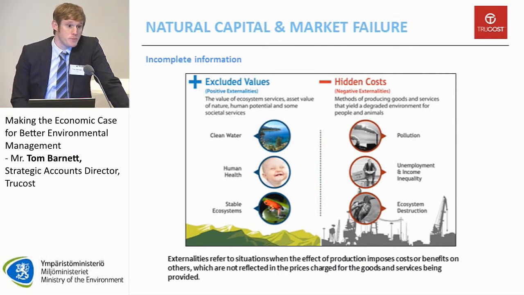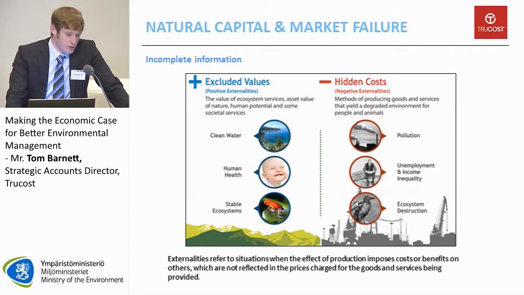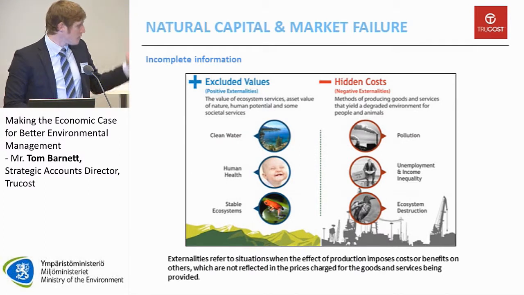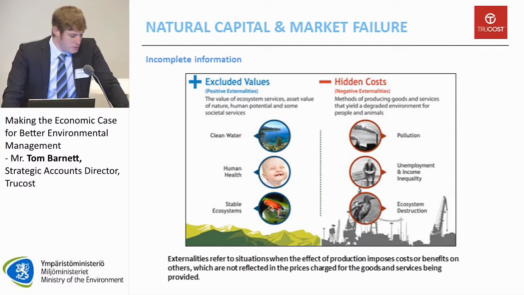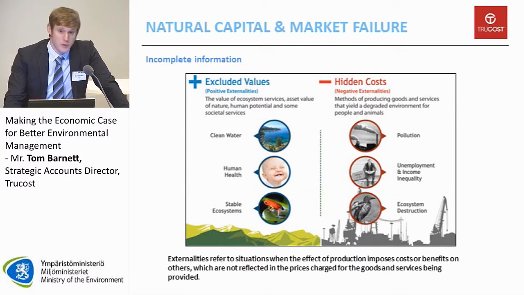So in many areas, we have prices that reflect only partial costs, primarily because we have a design flaw built into the prevailing economic system. So, as the slide shows, within the system this incomplete information is giving rise to a whole series of both hidden costs and excluded values, or in more economic terms, negative and positive externalities.